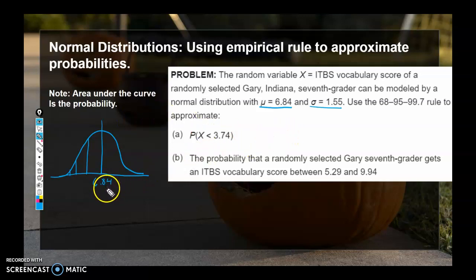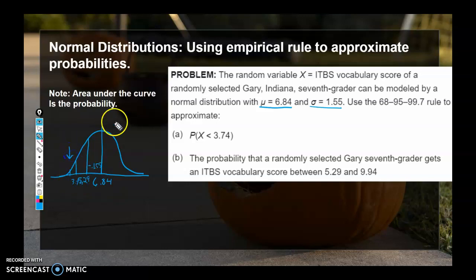So minus 1.55, so that is going to put us at 5.29. So 5.29, 1 standard deviation to the left because I subtracted 1.55. Let me subtract 1.55 again. Oh, look, I'll get 3.74.